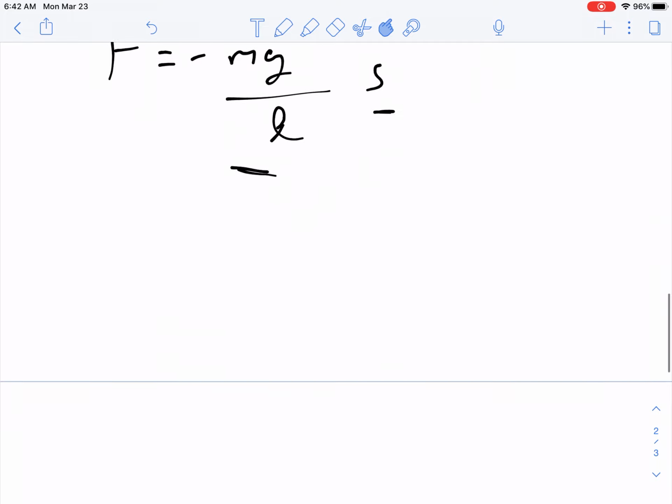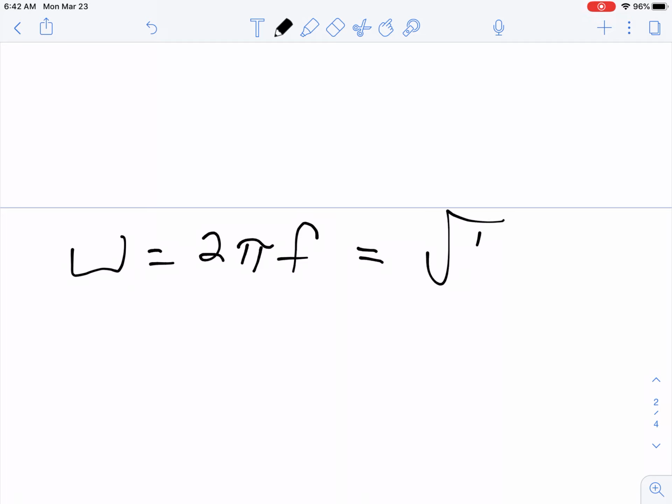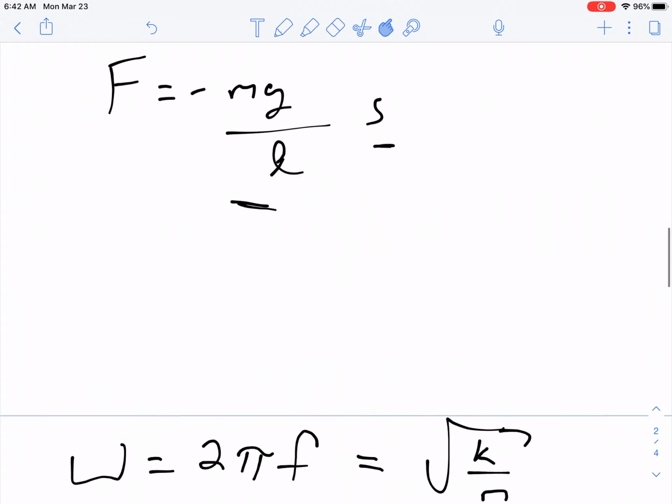Now, because a pendulum for small angles exhibits simple harmonic motion, a pendulum would have an angular frequency of 2 pi times its frequency. Remember, for a spring, we said that was the square root of k over m, where k is the spring constant.